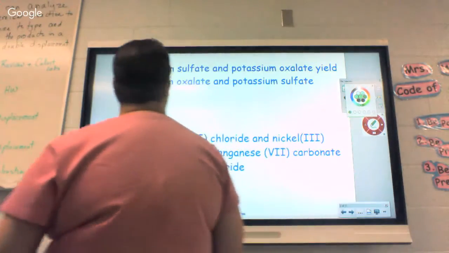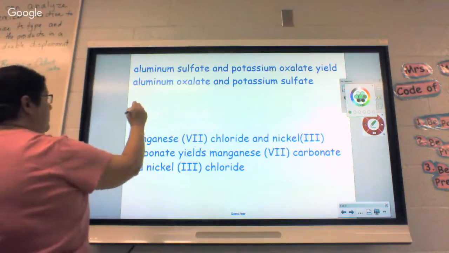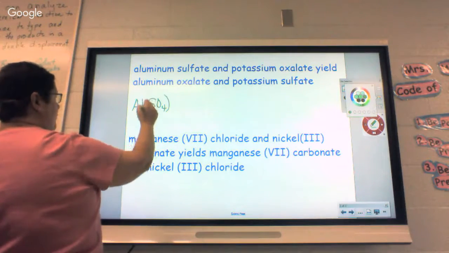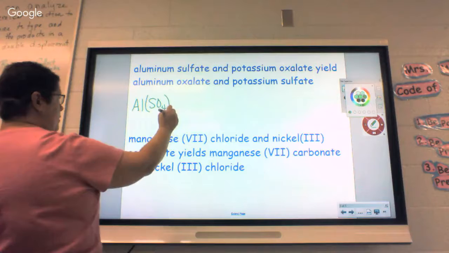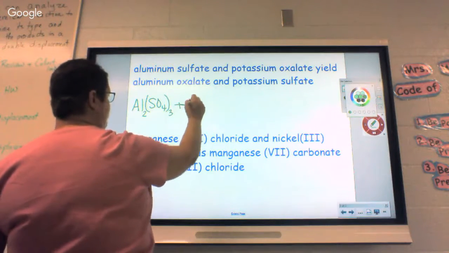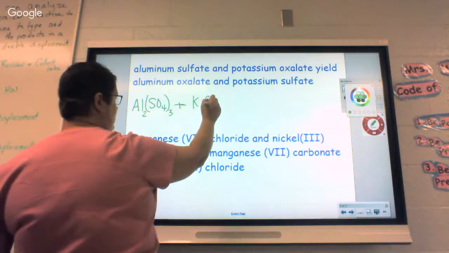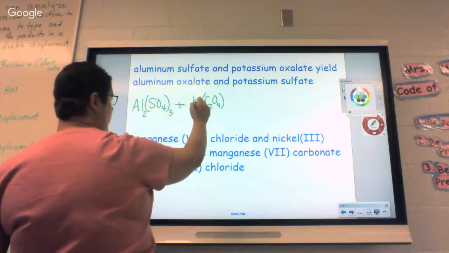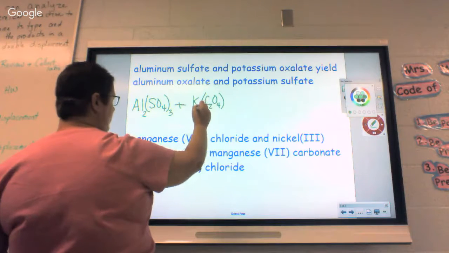All right, number 3, you have aluminum sulfate. You're going to have a 3 and a 2. The 3 is going to come down and 2 is going to come down. Plus potassium has a 1. Oxalate is C2O4. You're going to have a 1 come down and a 2 come down.